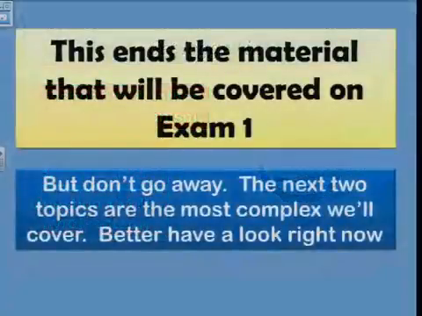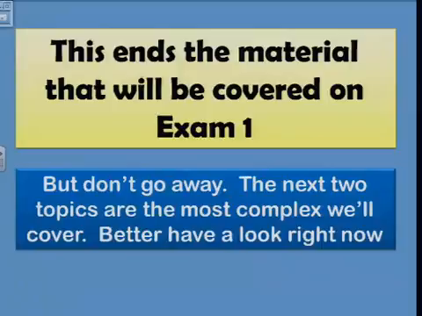Okay. So this ends the material that's going to be covered on exam 1. Now, I would suggest you not go away at this point. Unfortunately, reproduction is probably the most complicated thing we're going to go over. The loops and the feedback mechanisms are very complex.